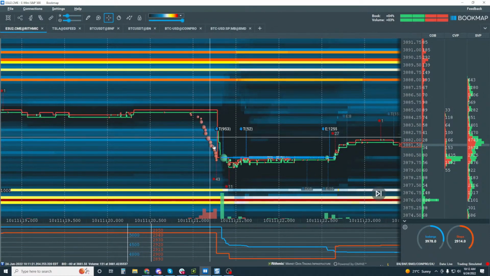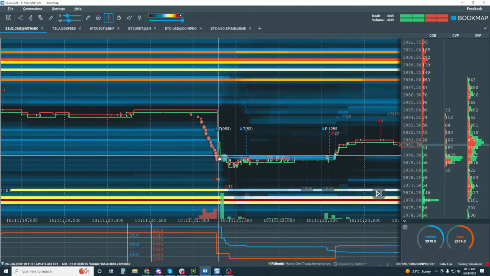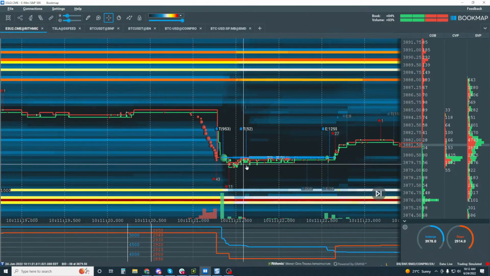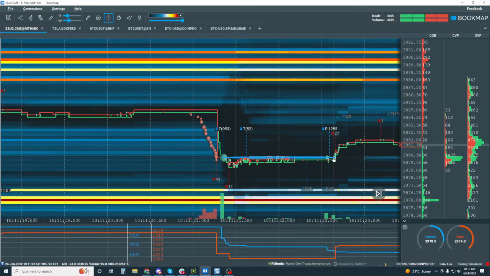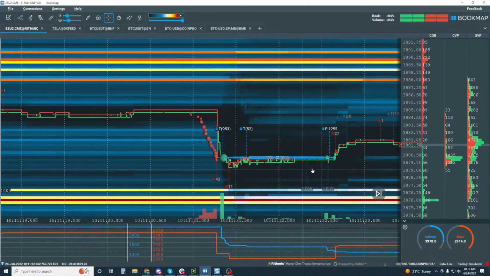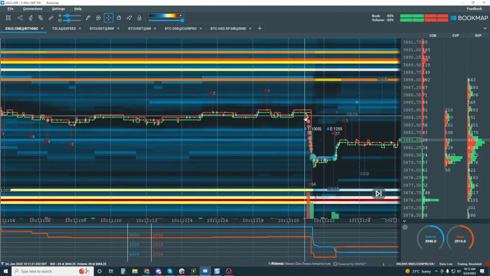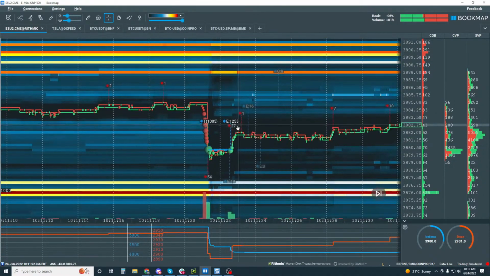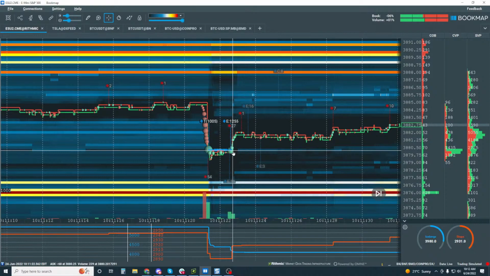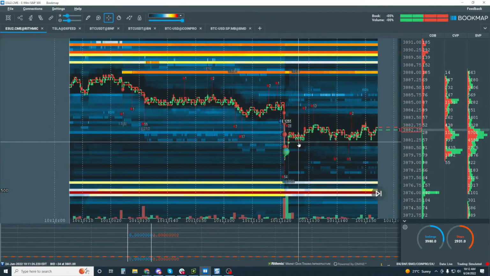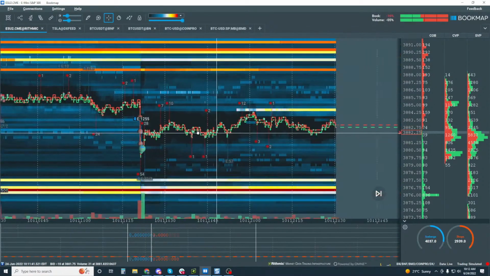Okay, so we have an order book sweep out of the blue here, and then we have this iceberg getting filled down here, right? So this is a nice way for a larger player to move the market, to sweep that order book and then fill underneath here. Now, the problem is, is it sustained?